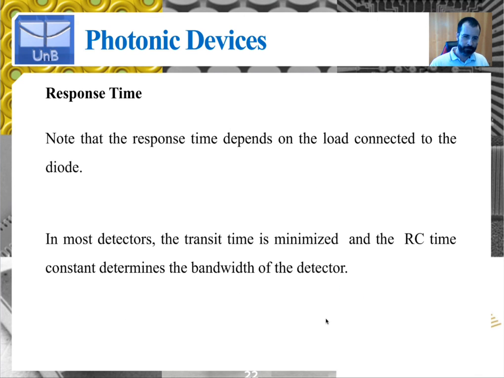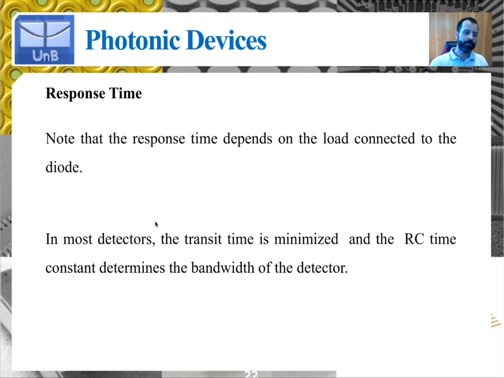But basically the takeaways here are that the response time depends on the load resistance connected to the diode, and also another important point is that in most detectors the transit time is minimized.